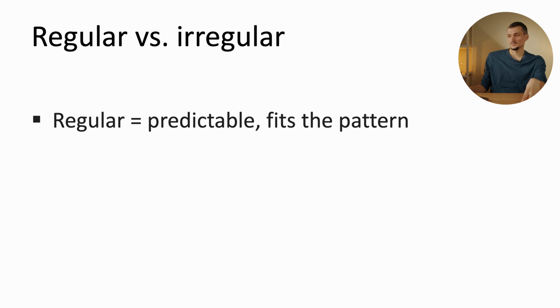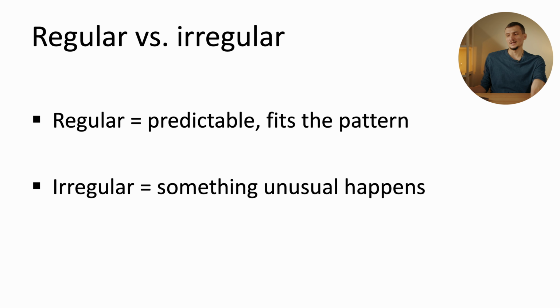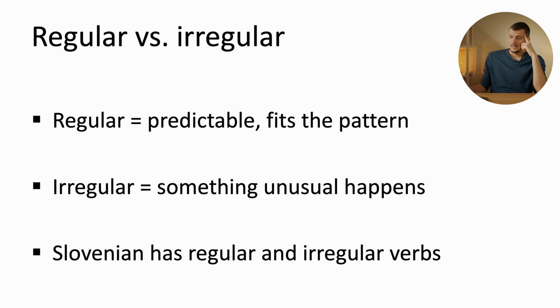Now, regular versus irregular verbs. Regular means predictable and fits the pattern, and irregular means something unusual or unpredictable happens that we just have to learn by heart. And Slovenian has both regular and irregular verbs, but like we said last time, not in quite the same way as, say, Italian or French, where the verbs can go completely crazy.